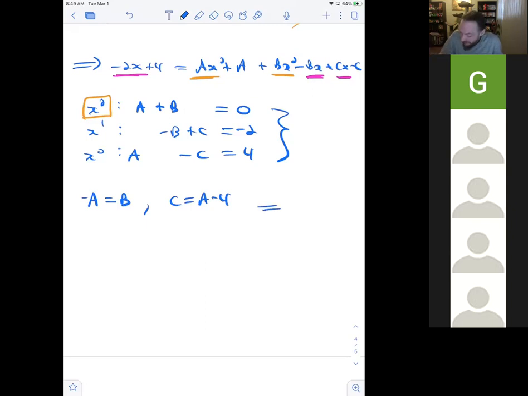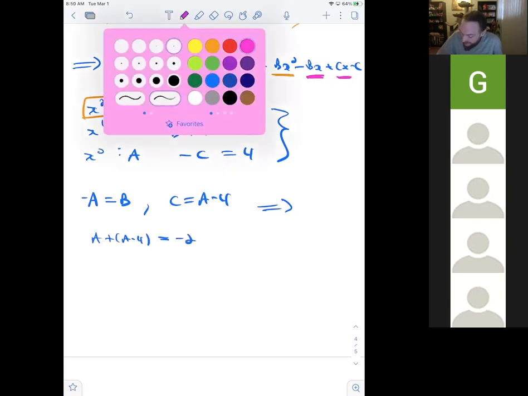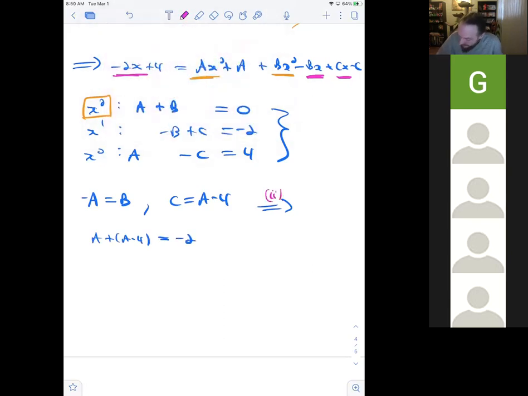And then we put that into the last equation. This says that a plus a minus 4 is equal to -2. The second equation.